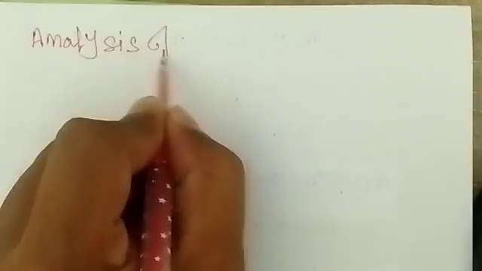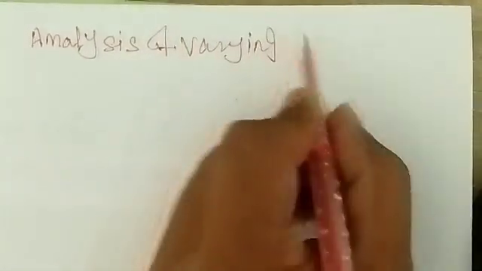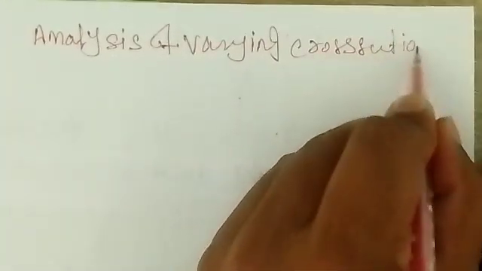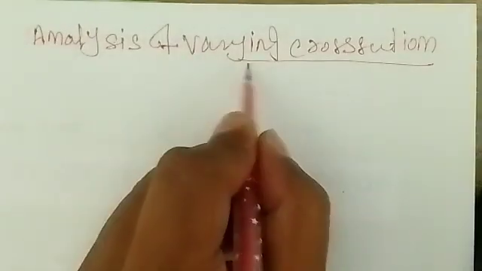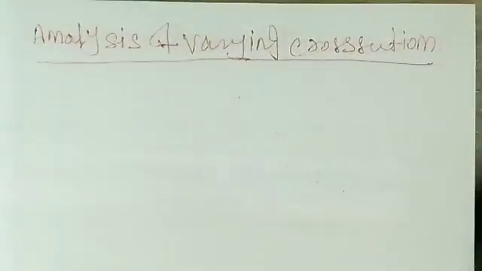That is small topic is there, first you can write analysis of varying cross section. It means what? That one section you have taken into consideration whose section is varied across the length.